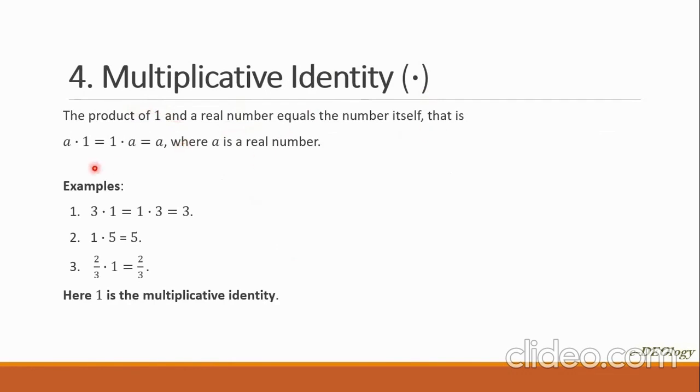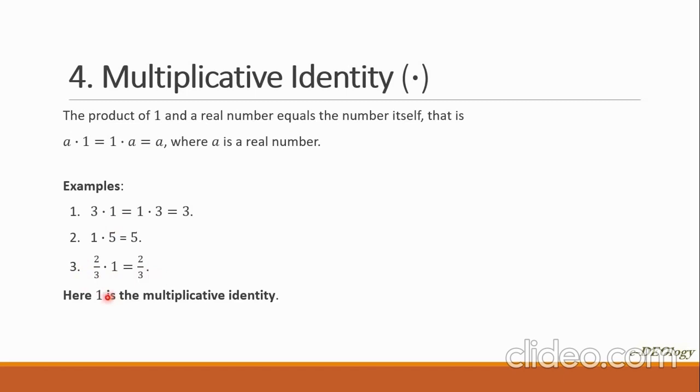That is, A times 1 is equal to 1 times A, is equal to A. Example number 1, 3 times 1 will be same with 1 times 3, and the answer will be 3. Example 2, 1 times 5 equals 5. Example 3, 2 over 3 times 1 equals 2 over 3, or 2/3.